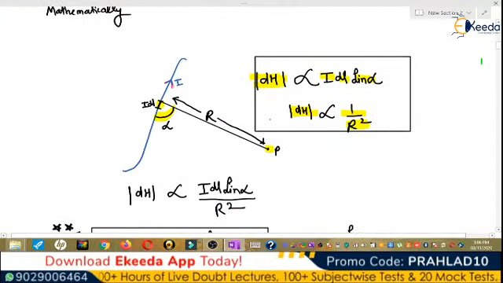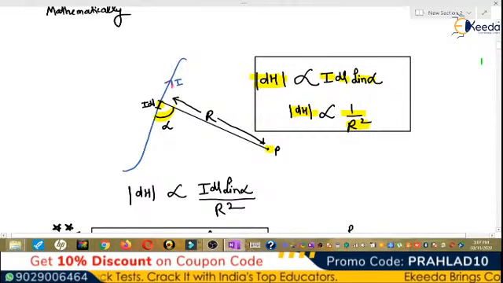So mathematically, mod of dH is proportional to IDL sine alpha, where IDL is the small current carrying element and alpha is the angle between the line joining point P and the current carrying element.